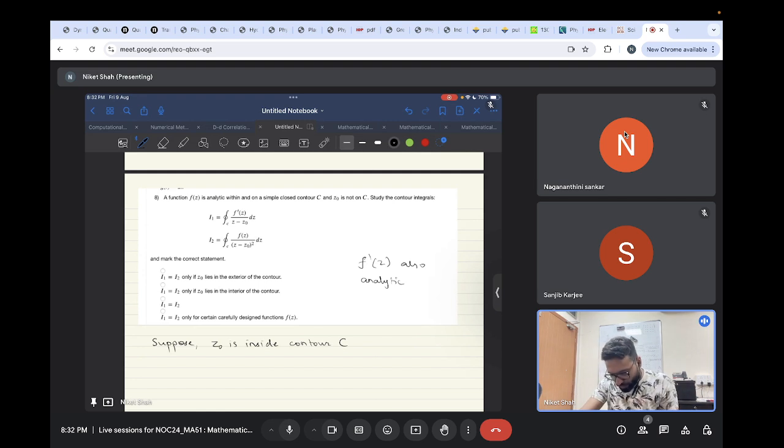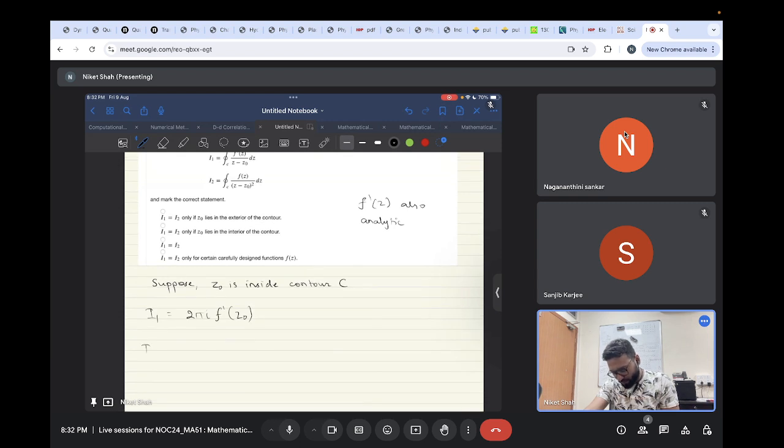Now suppose z0 is inside this contour. In that case, what do we get? What does I1 become? If z0 is inside the contour, I1 becomes simply 2 pi i f prime of z0. That's I1.